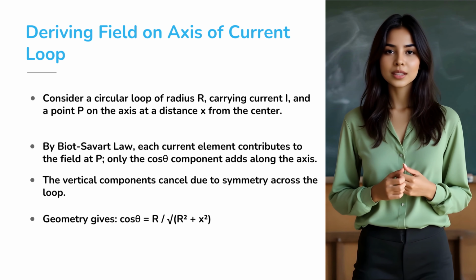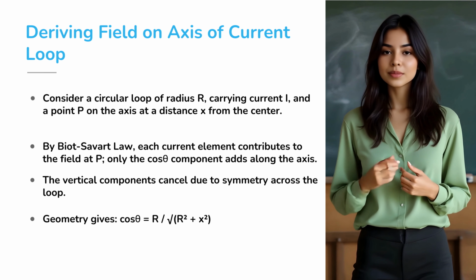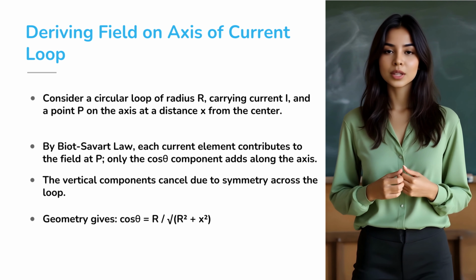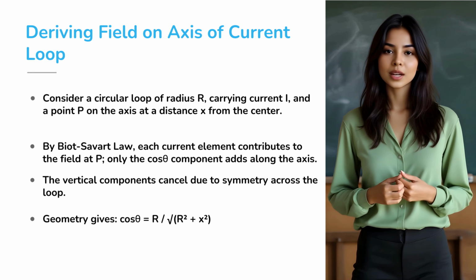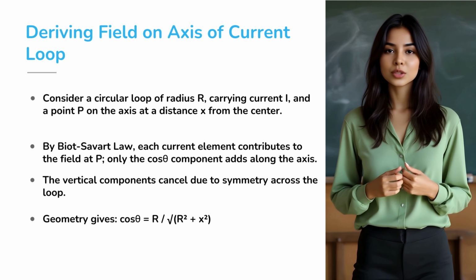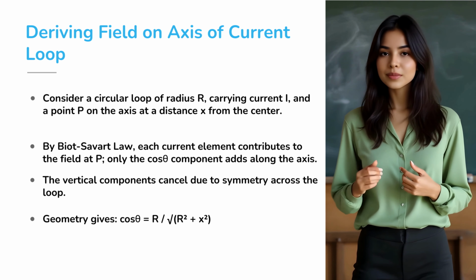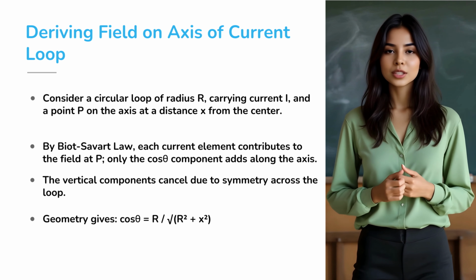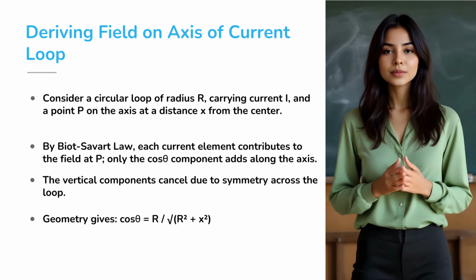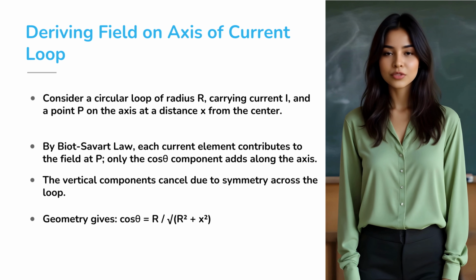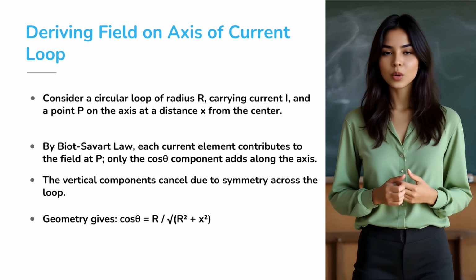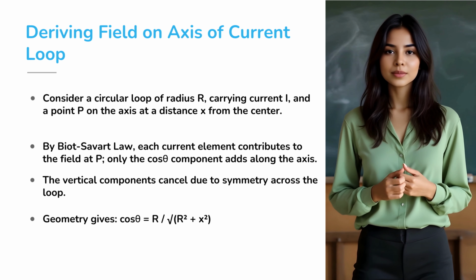Only the components along the axis remain. Using geometry, we find that cos theta equals r divided by the square root of r squared plus x squared. That's the projection factor for the axial field. This is where the symmetry of the loop allows us to integrate all the contributions cleanly.